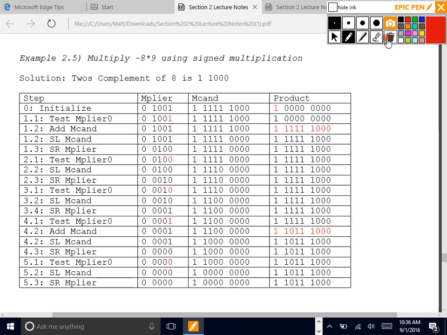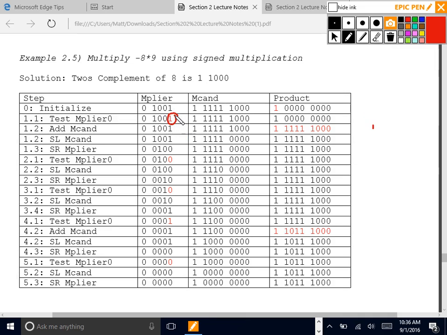So we initialize, we check our least significant bits, and it becomes a 1, right? And then we test the multiplier's least significant bit.